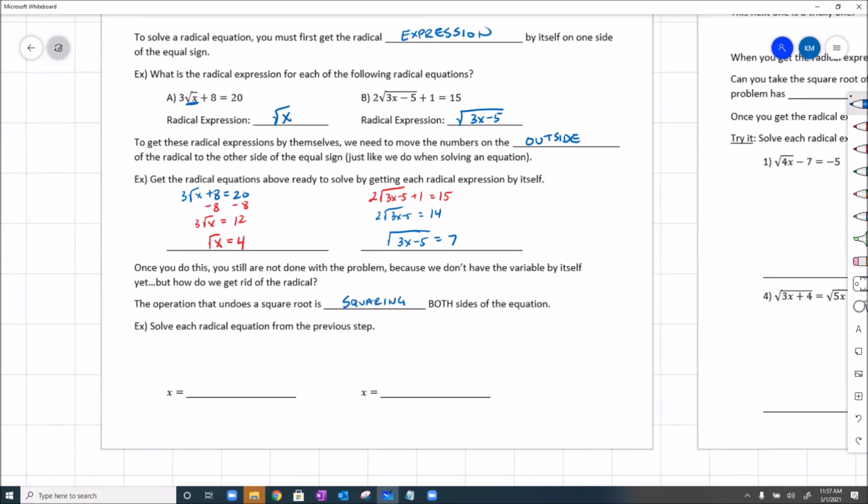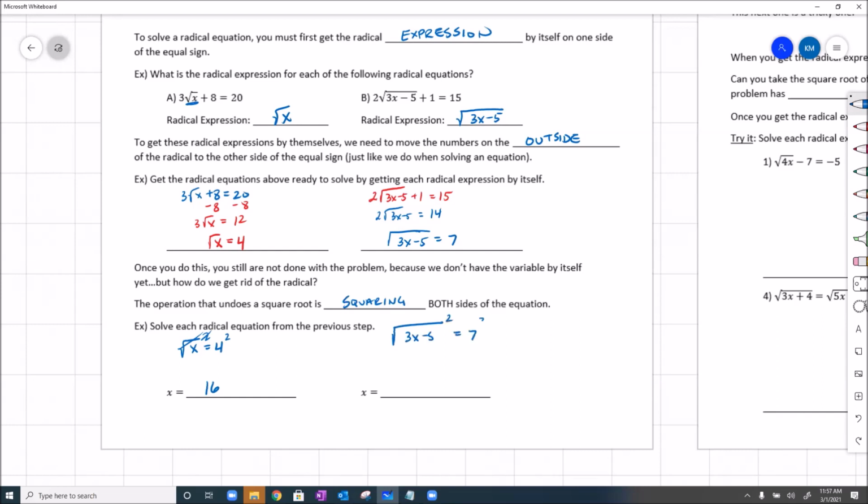So we're going to solve this equation because we have radical x equals 4. We want to get rid of the square root. We do that by squaring both sides. The radical cancels out on this side, and 4 squared on the other side gives us 16. Up here we had radical 3x minus 5 equals 7.